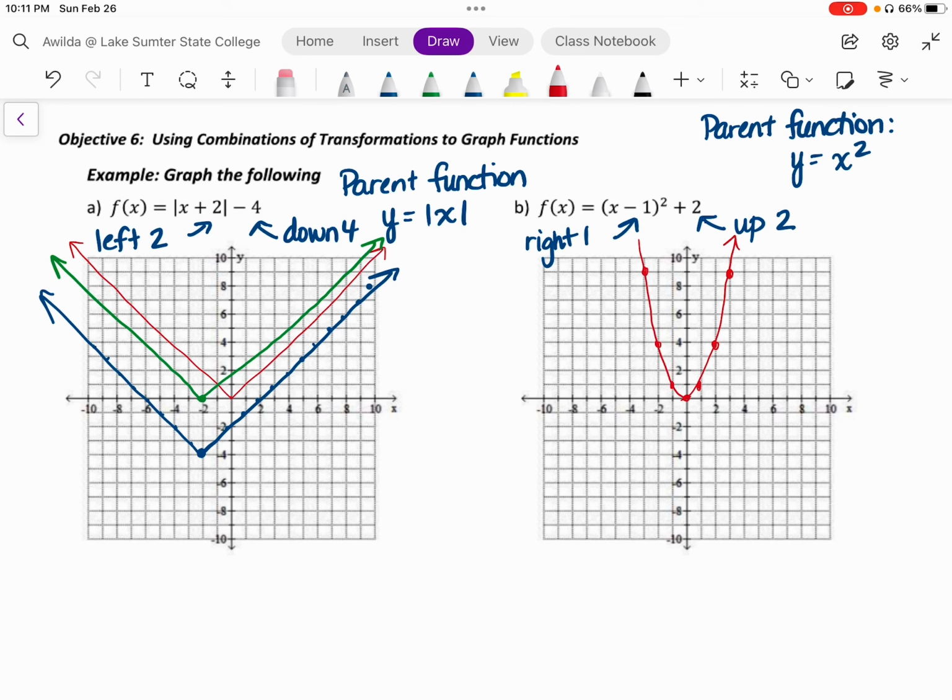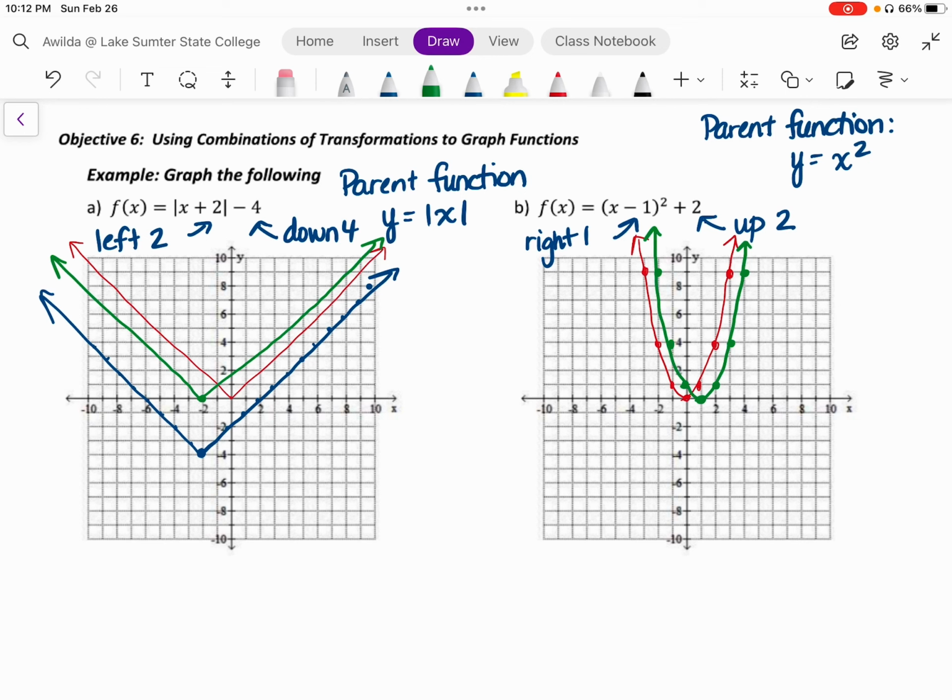So that branch will complete the parent function's graph. Now everything's going to move to the right 1 unit. So every dot that I had as my guiding points, all of them are going to move to the right 1 unit. So here's our intermediate graph.